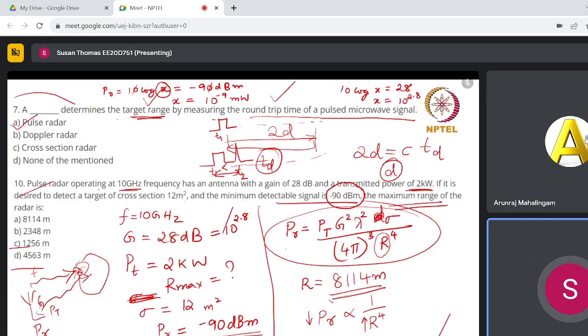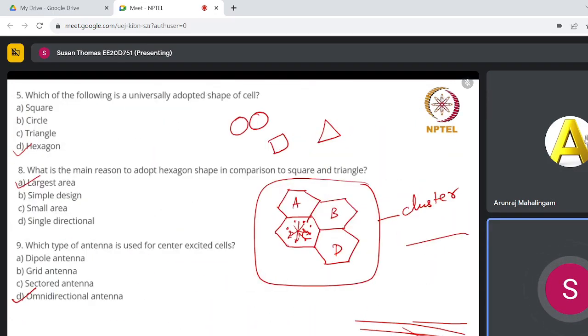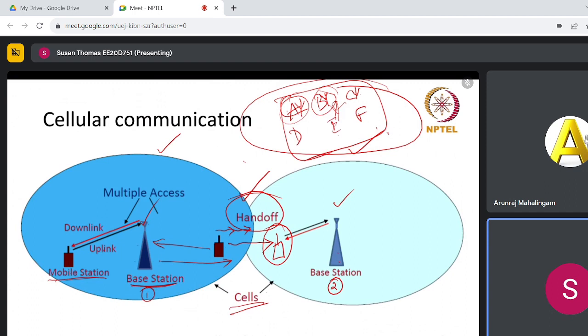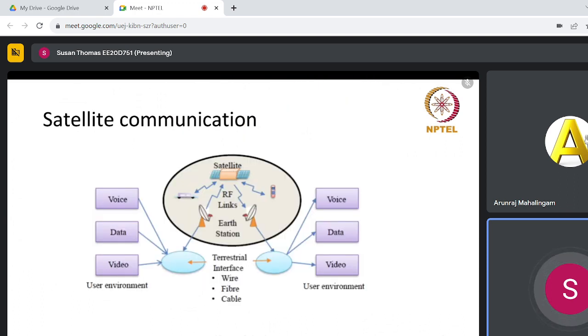Okay, so these are a few questions on cellular communication, and some questions on satellite communication. I don't have a question in particular, but I can give you some brief on satellite communication.